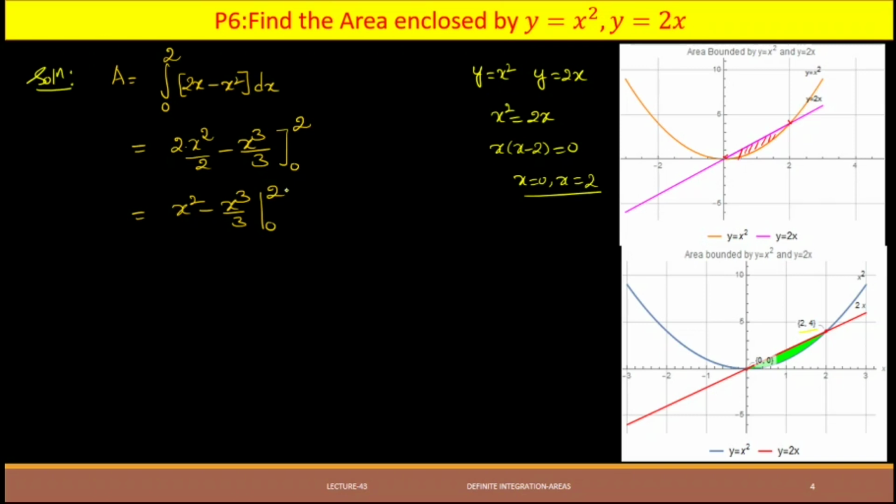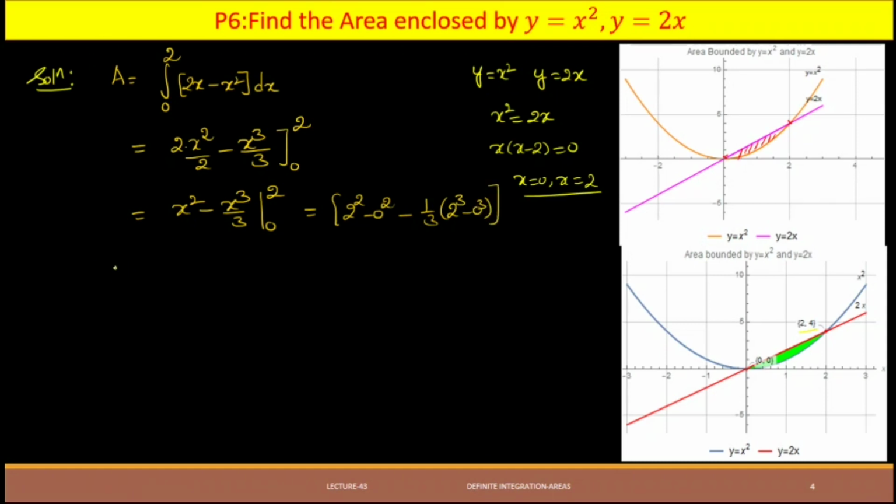Upper limit is 2 and the lower limit is 0. So after applying it, what do we get? 2 square minus 0 square minus 1 by 3 into 2 cube minus 0 cube.